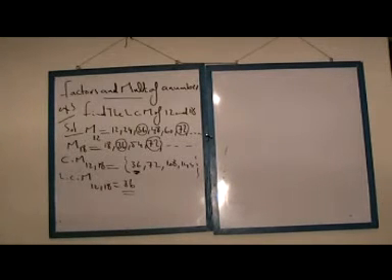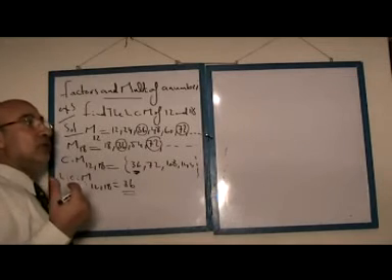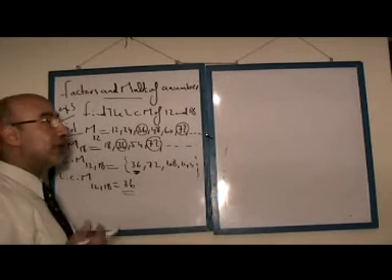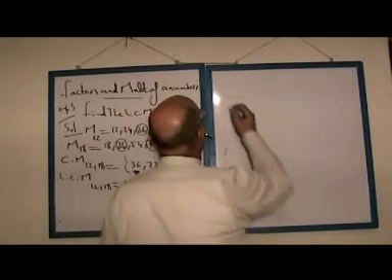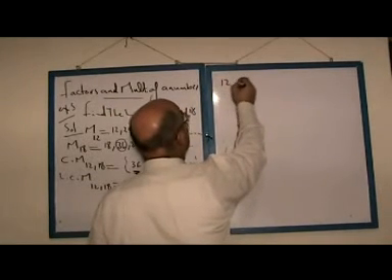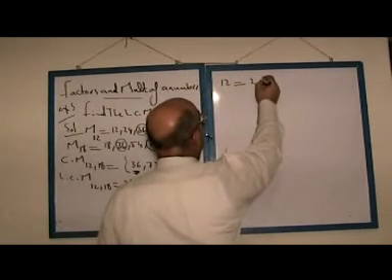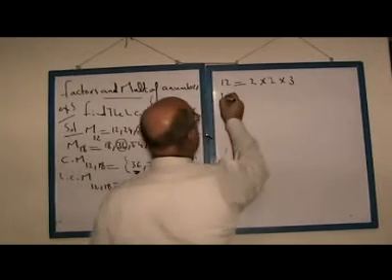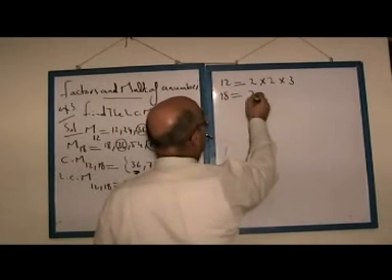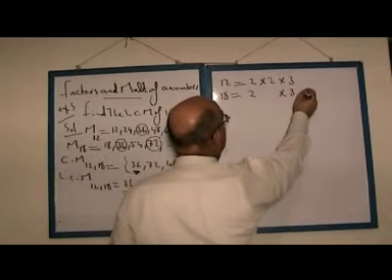Somebody might say to me, well, look, is there another way of doing it? I say yes. I do it the same as I did with the highest common factor, and I come to a certain stage. Remember, 12 is equal to 2 times 2 times 3, and 18 is equivalent to 2 times 3 times 3.